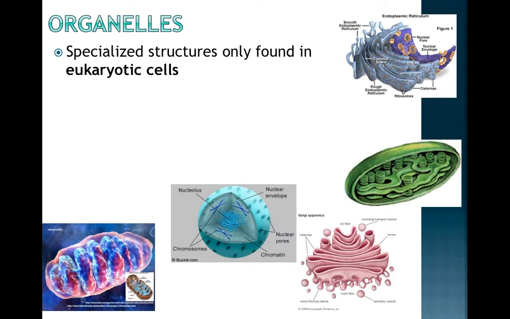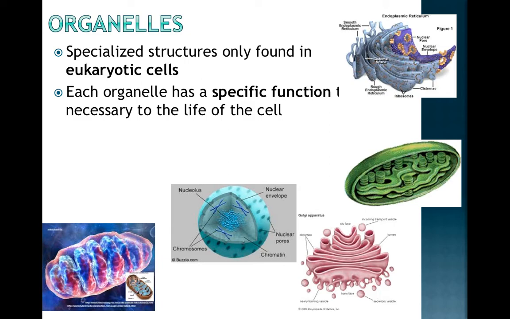Here are some pictures of the different organelles we'll find. So this is a mitochondria down here. We have the nucleus, a Golgi apparatus or Golgi body, you might hear it called, a chloroplast, and then we have up here the endoplasmic reticulum. And you guys will learn to recognize all of those things. Every organelle has a specific function necessary to the life of the cell.